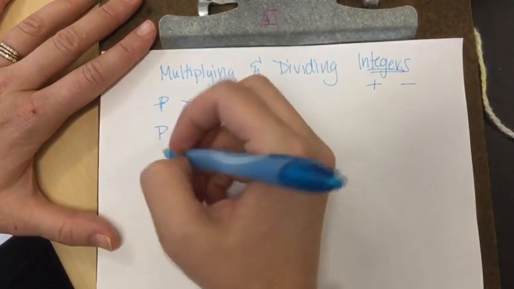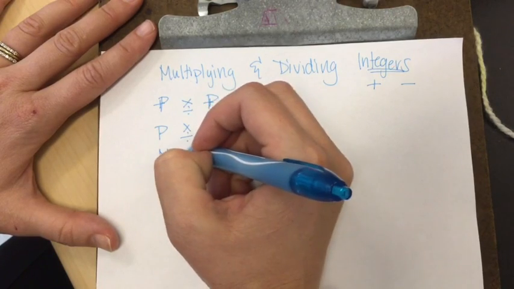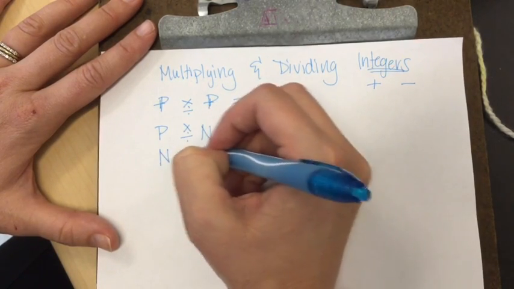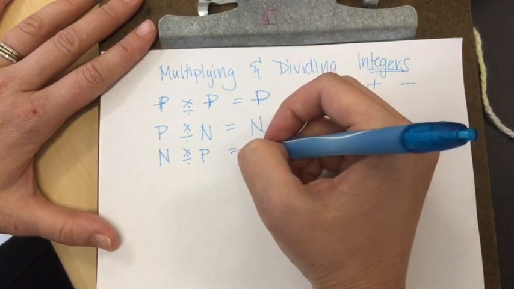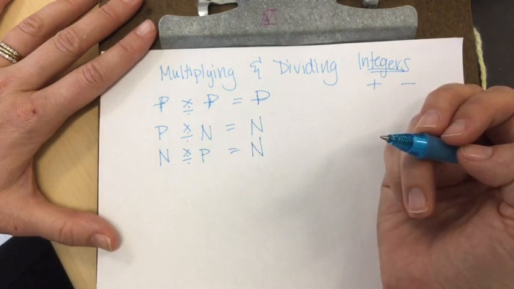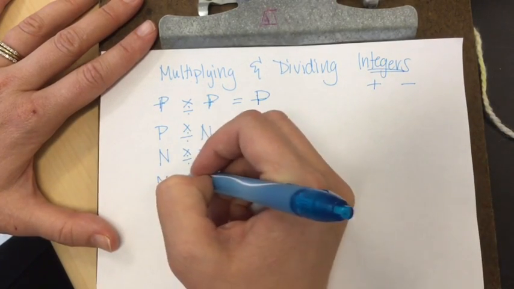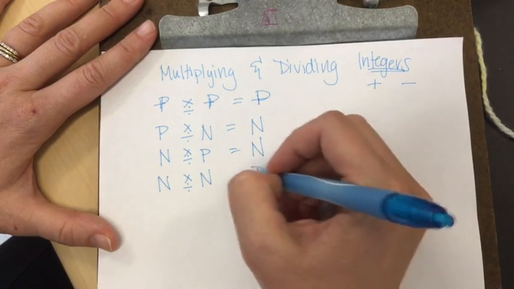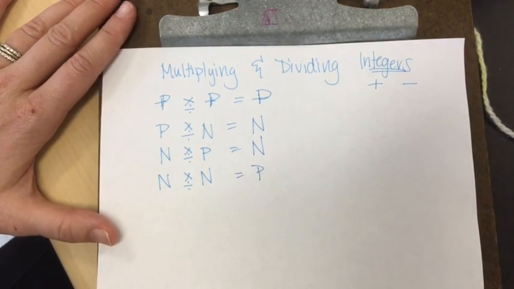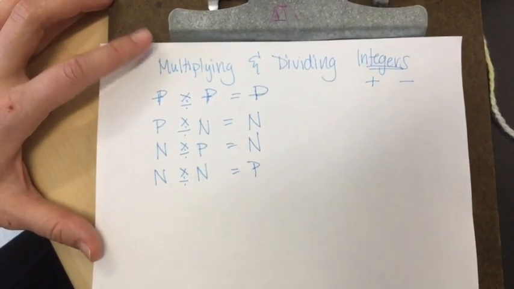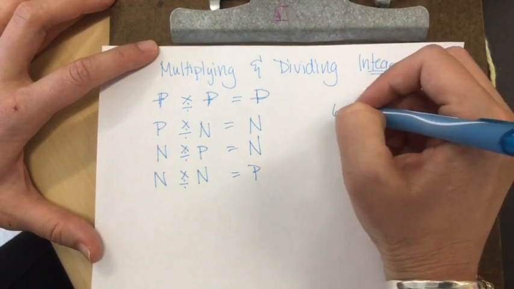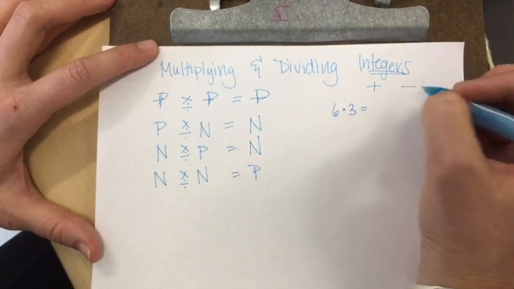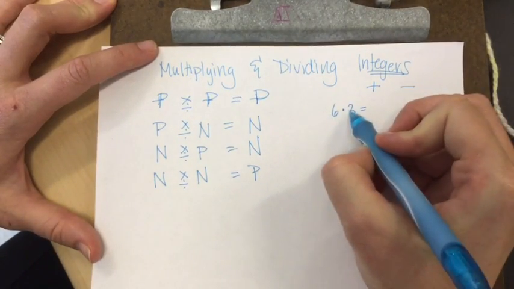If you have a negative integer and you multiply or divide it by a positive integer, your answer will be negative. And if you have two negative integers, so multiply or divide two negative numbers, your answer will be positive.